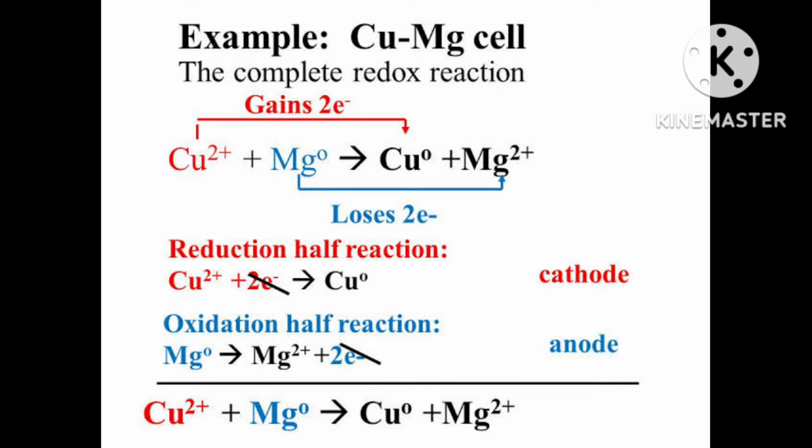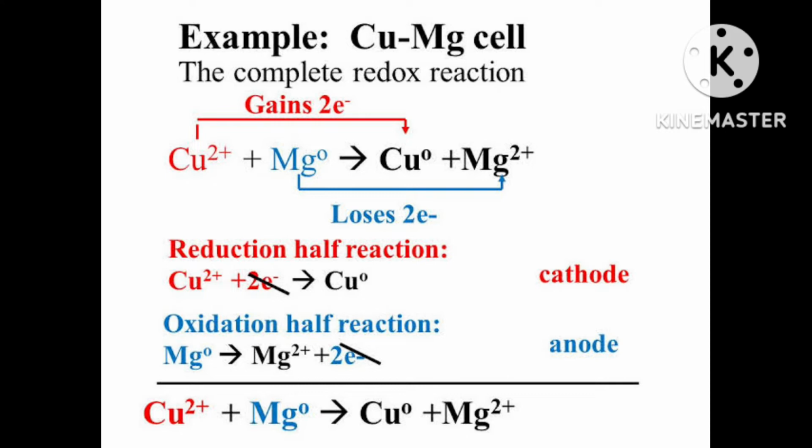Copper solid. Hence you got the balanced equation: Zn plus Cu2+ equals Cu plus Zn2+.